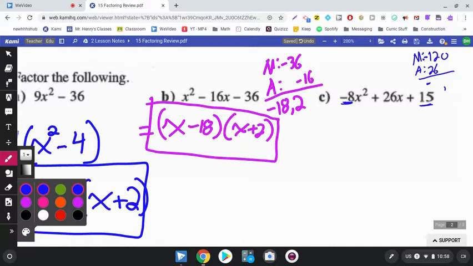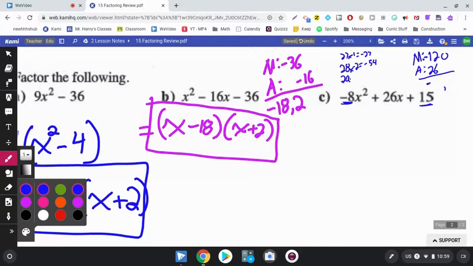So maybe I try 27 times negative 1. Well, that adds to 26, but no, it doesn't multiply. Maybe I go one higher, 28 times negative 2. And that would give me negative 56, so that's no good. But I'm just throwing out these combos that add to 26.